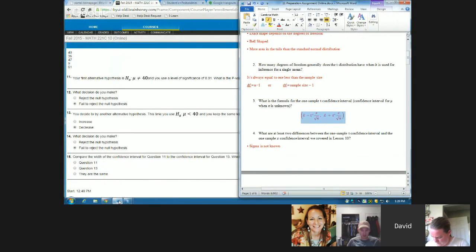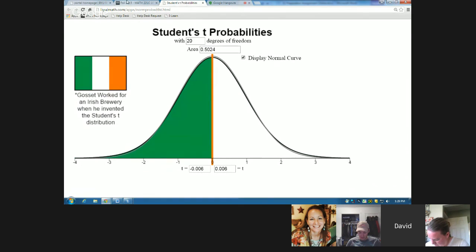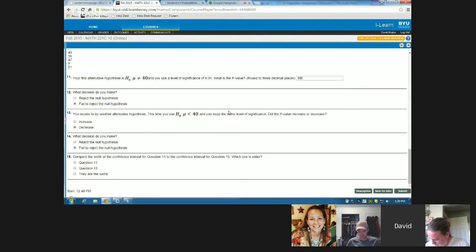What is Z? Z is the Z score, right? So, T is the... so yeah, Z is 0.006. Yeah, that's the T. But isn't that also the Z? Yes, pretty much. Basically. I'm just making sure.